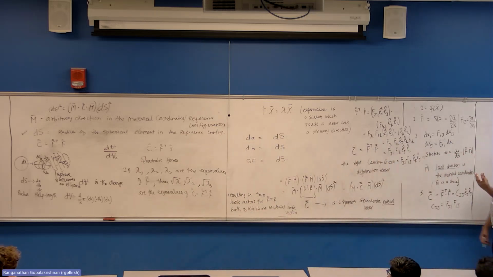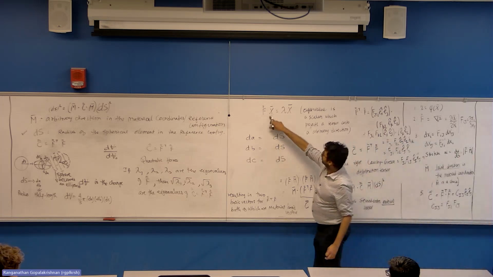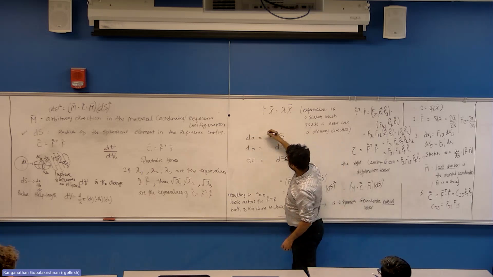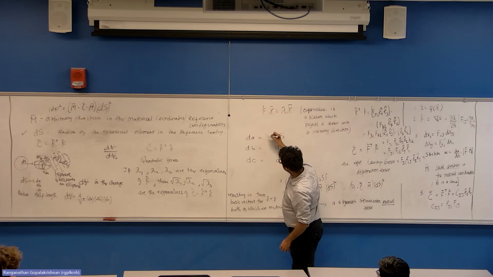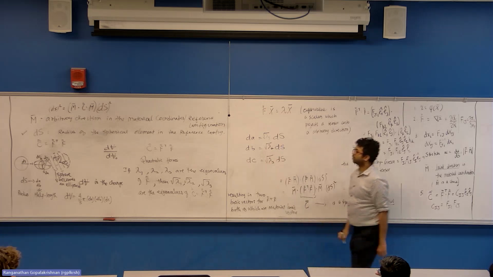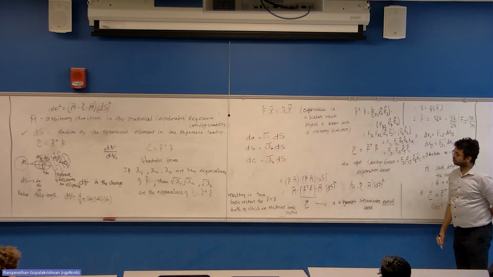Take a sphere, you deform it, it stretches into an ellipsoid. The scaling this relationship expresses is basically like saying a length changes by this amount in each direction.